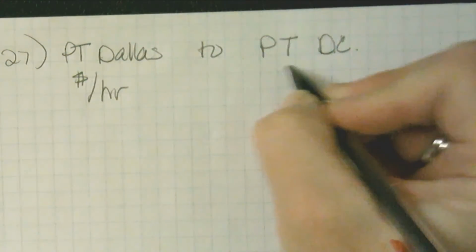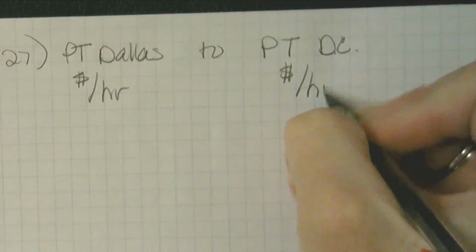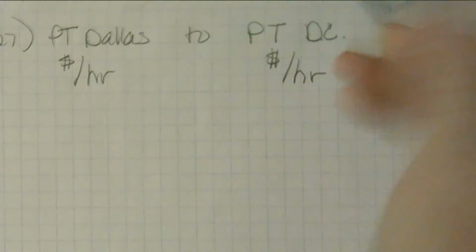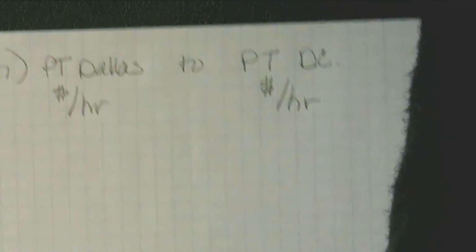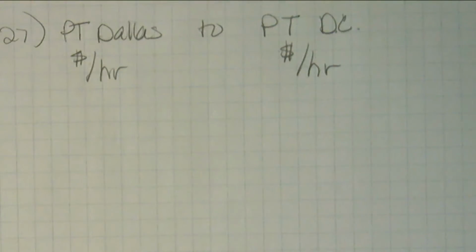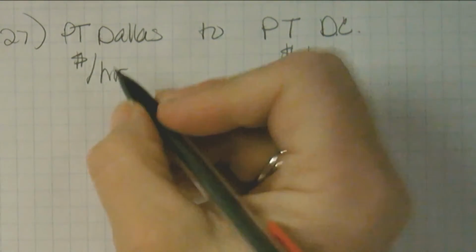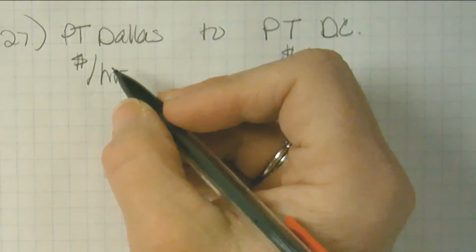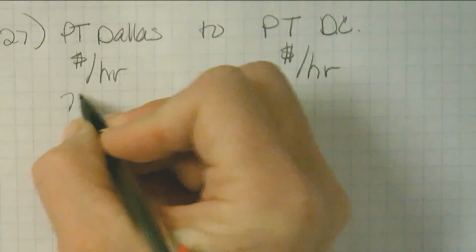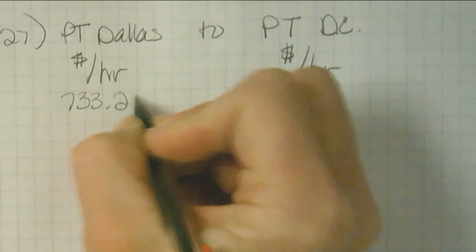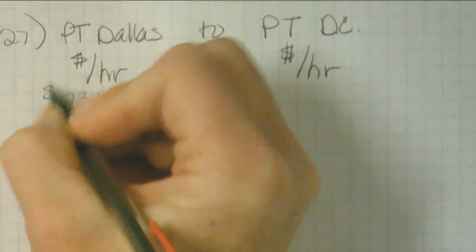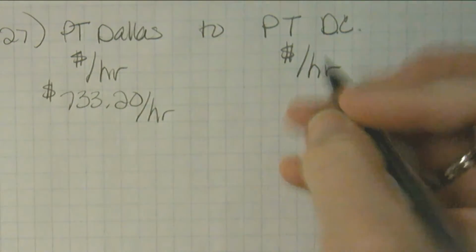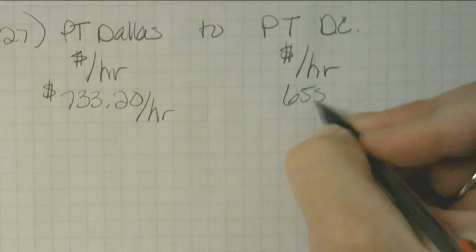Do you agree with me that that's what we're comparing? Okay. So now I'm going to go back up and get that information. My cost per hour for a physical therapist in Dallas is $733.20 per hour. A physical therapist in DC is $655.20 per hour.